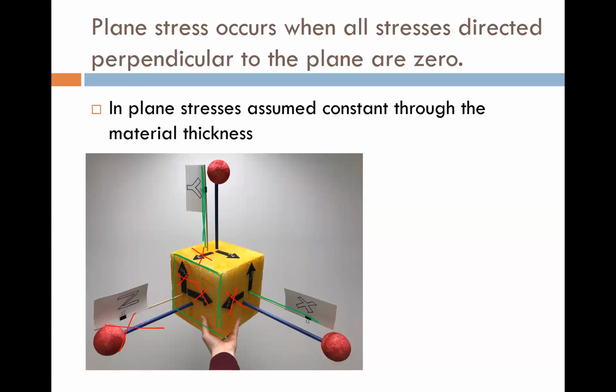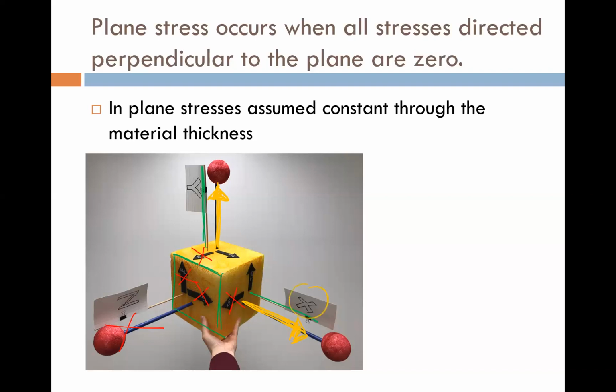So when you're dealing with a plane stress state, the only stresses that should occur are the normal stresses in the plane. So you should have a normal stress in the x direction and a normal stress, oops, I am drawing those reverse what I'm saying.